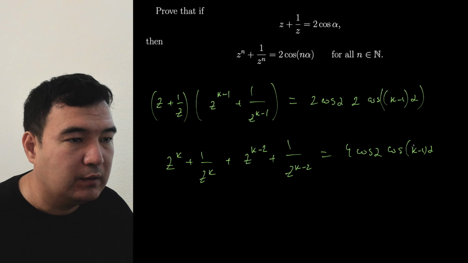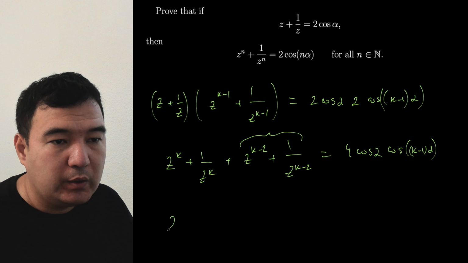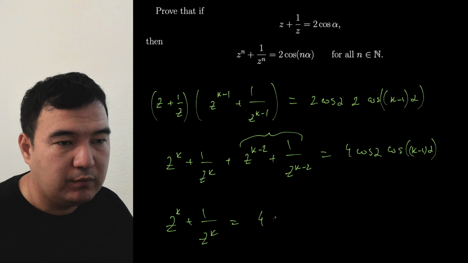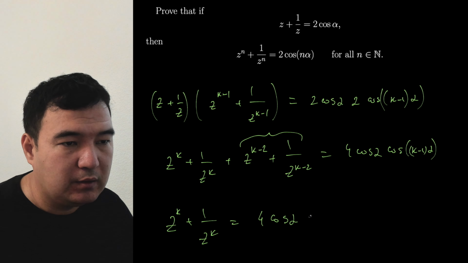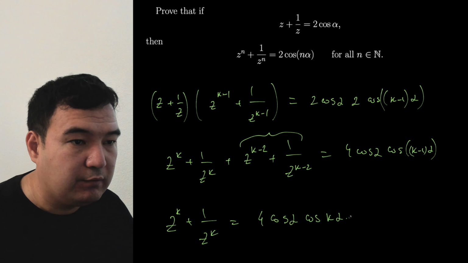By the assumption of the induction, we know the value of this. So we have z^k plus 1 over z^k equals, I will just subtract this on the other side, 4 cosine alpha cosine (k minus 1) alpha. Let me open the parentheses and write it like this.